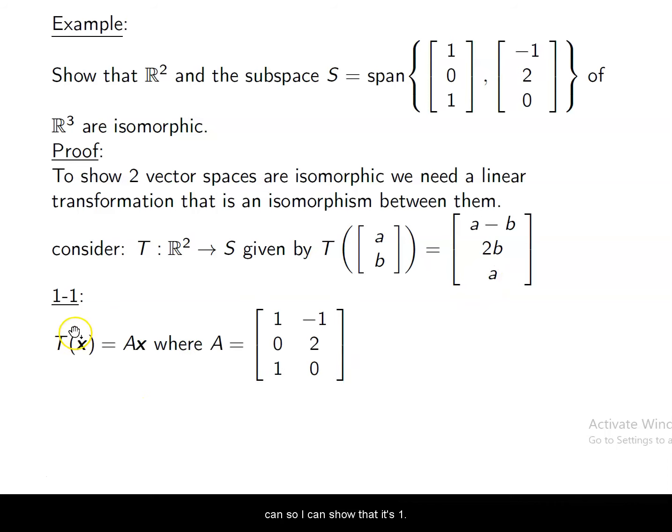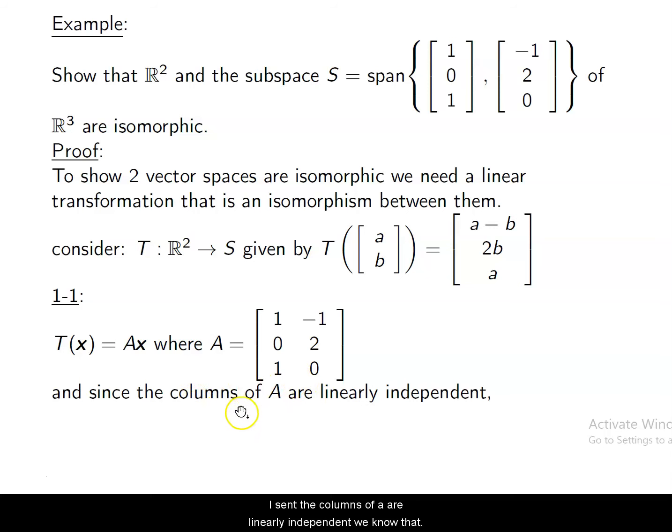So to show that it's one-to-one, we have the transformation of some vector x equals A times x, where our transformation matrix is this transformation matrix, right? When we pull this into the transformation matrix form, it's just going to be the column vectors of the span that creates our subspace. And since the columns of A are linearly independent, we know that the only way for the zero vector from R2 to map to the zero vector here is by using the zero vector. That's what it means to be linearly independent.